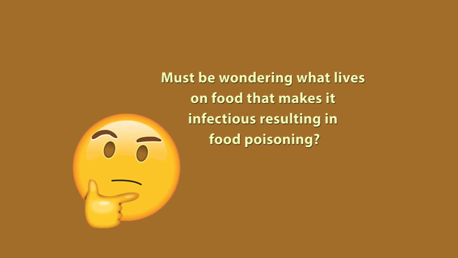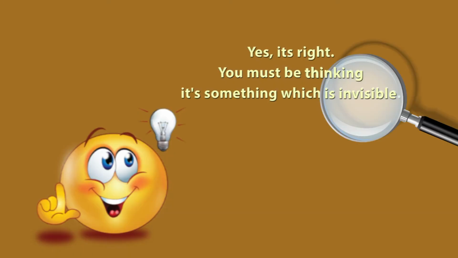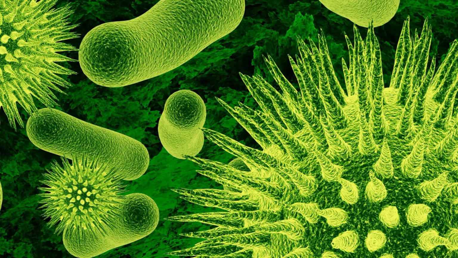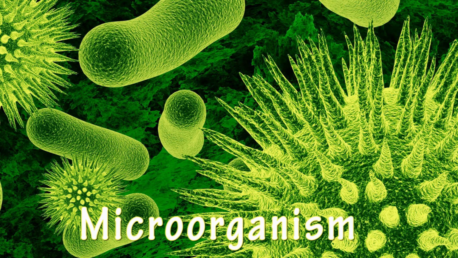You must be wondering what lives on food that makes it infectious, resulting in food poisoning. Yes, you must be thinking it's something invisible. They are microorganisms that we cannot see with our naked eyes, and thus we end up eating food that's infected or poisoned by microbes.